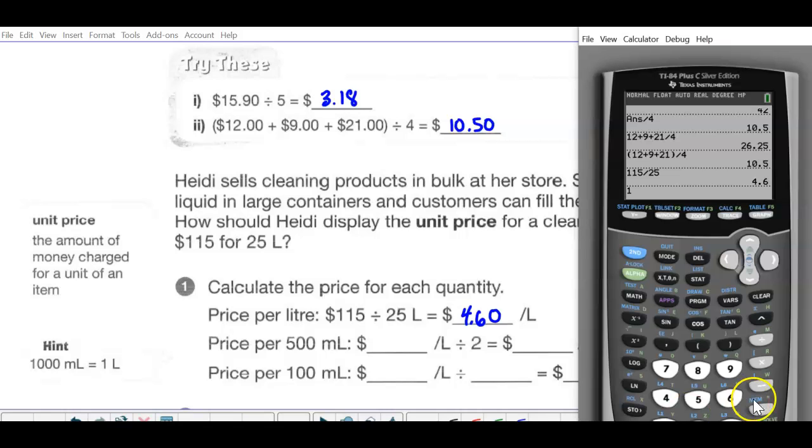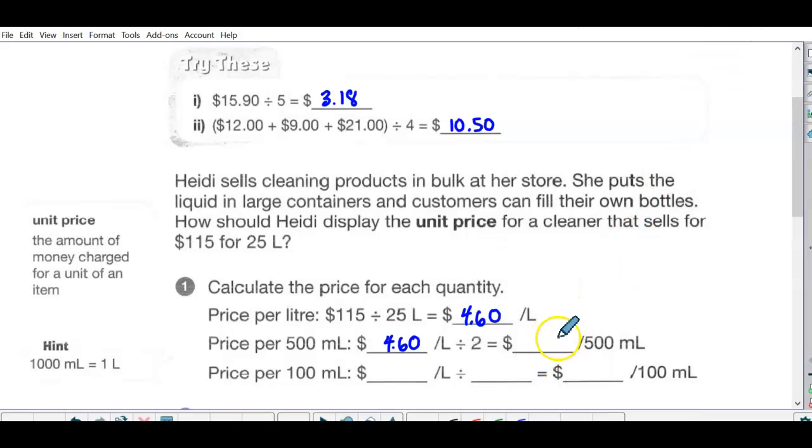What you would do here, you can see the work that they have. Because we know the price for 1 liter, we can use that now, because we didn't round anything, so that's good, and then divide that by 2, because 500 milliliters is half. So half of $4.60 is $2.30.